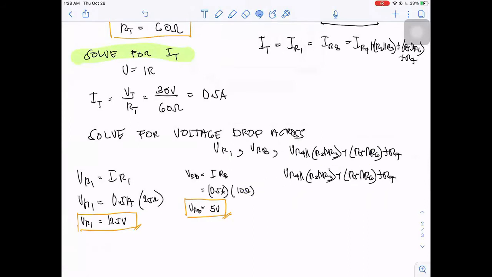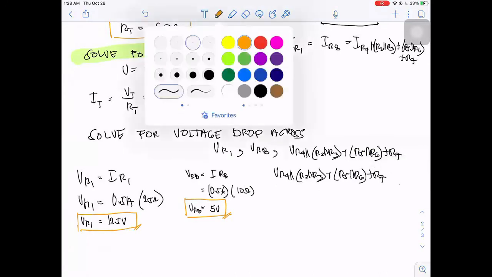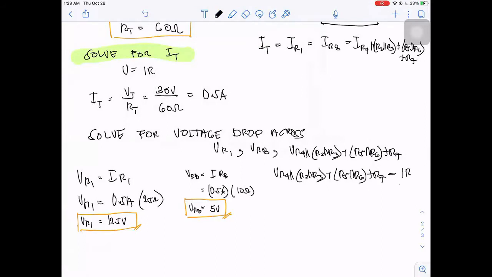So we have I times R. They have the same currents since they are connected in series, and the equivalent resistance for this REQ is 25 ohms. So this is equivalent to 12.5 volts.